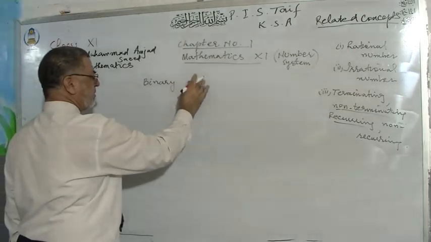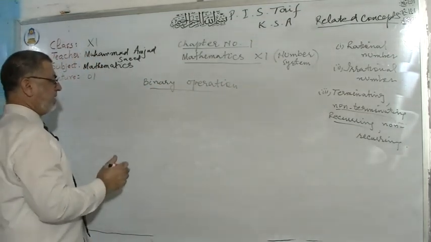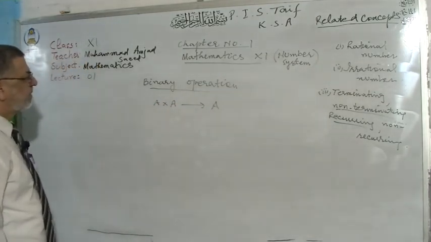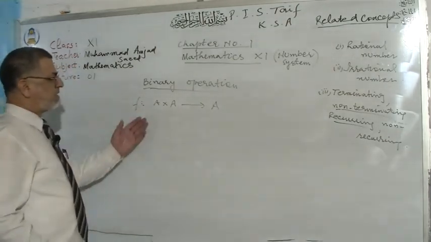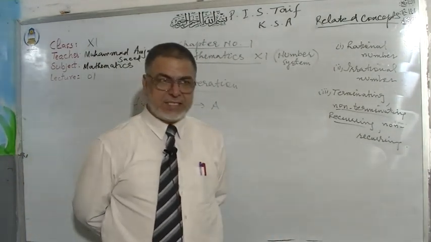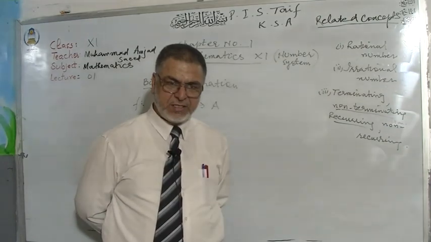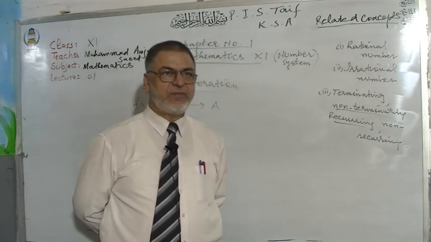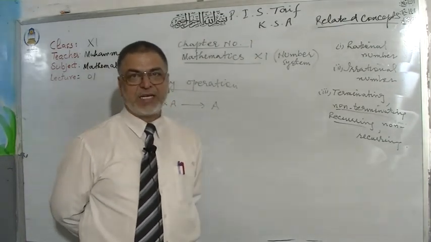In case of binary operation, A cross A to A, this will be a function from A cross A to A. You have seen this binary operation in 10th class, chapter number 5, last exercise, where you have different types of binary relations and also the functions, types of functions.